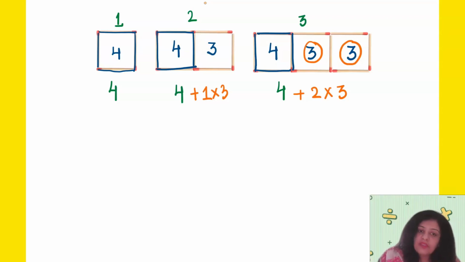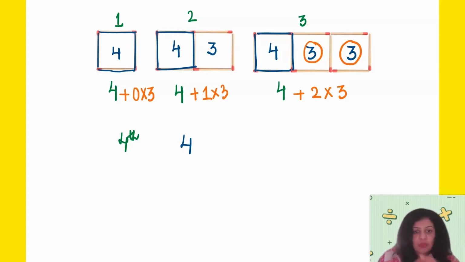In the first figure, if we try to make the expression similar, we can say 0 groups of 3 have been added. So, can we develop a pattern or expression for the fourth figure? Again, 4 matchsticks will be fixed, the first one, and how many 3's will be added so that we get 4 squares?